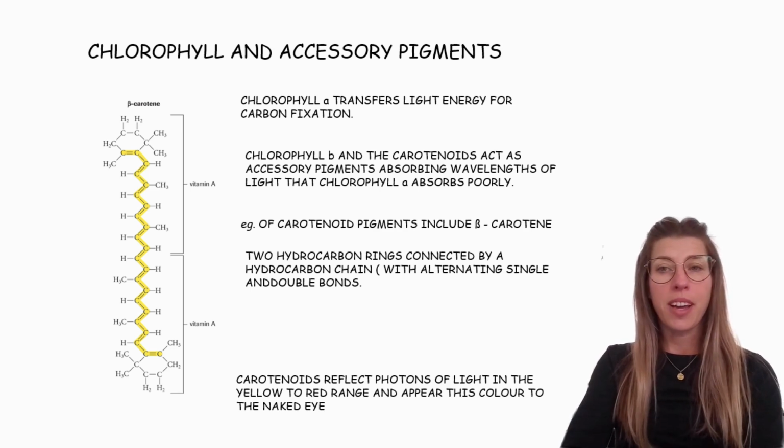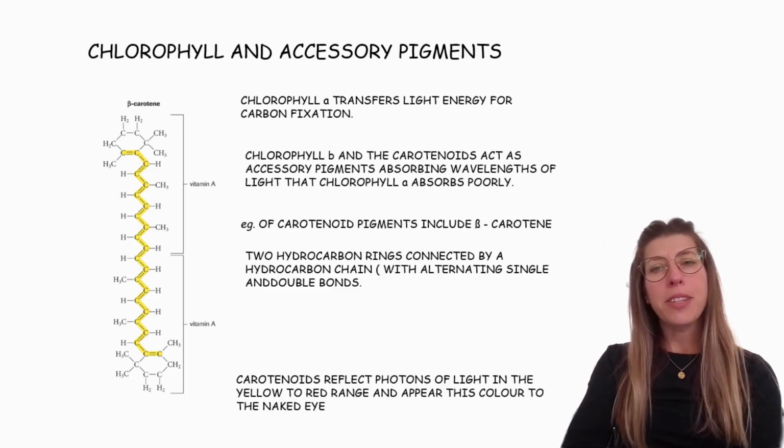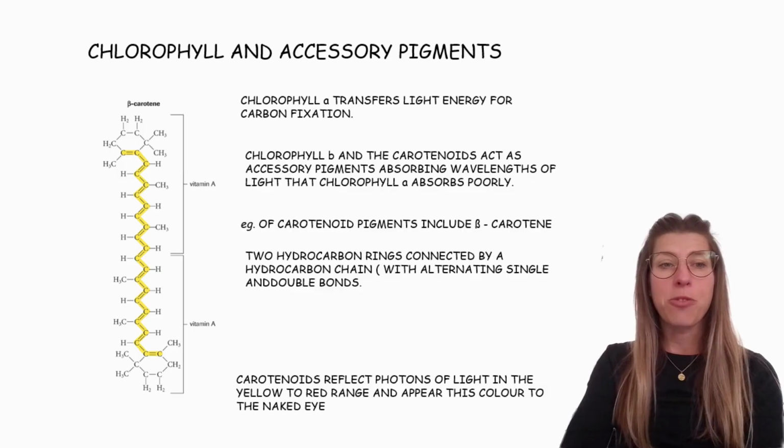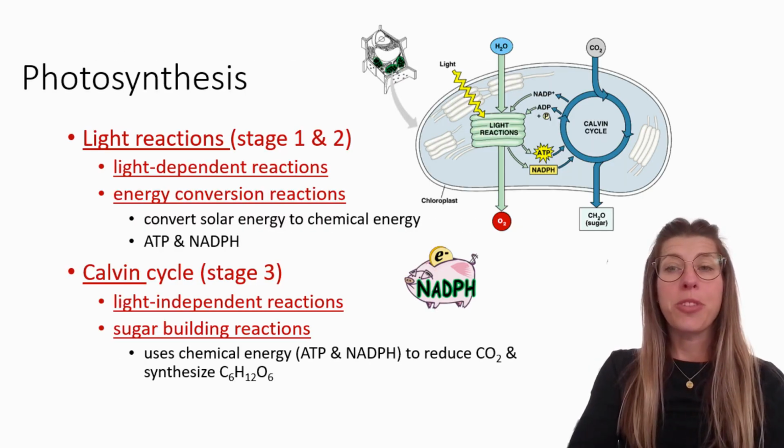Okay, so it might absorb the reds or the violets and blues, and the greens are not absorbed by certain pigments, and that would allow it to reflect back and be seen as green to us. So let's talk about photosynthesis.